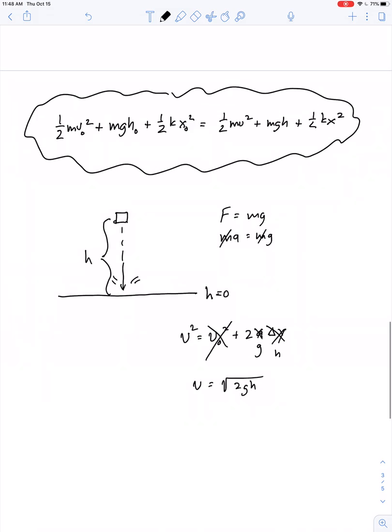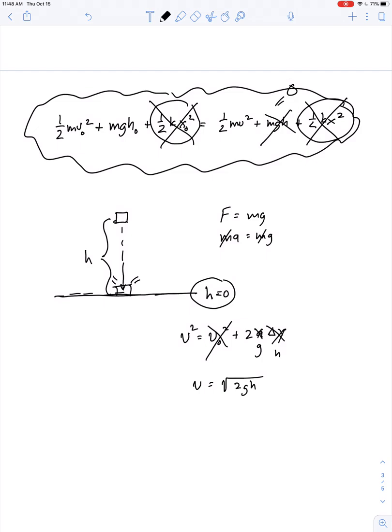In this case, we can recognize there is no spring involved, so there's no initial or final elastic potential energy to solve for. In the end, because the block is going to hit the ground, it's going to reach the height at which its final gravitational potential energy would be 0. So we can cancel that out. Its initial kinetic energy is also equal to 0 because it was released at rest.